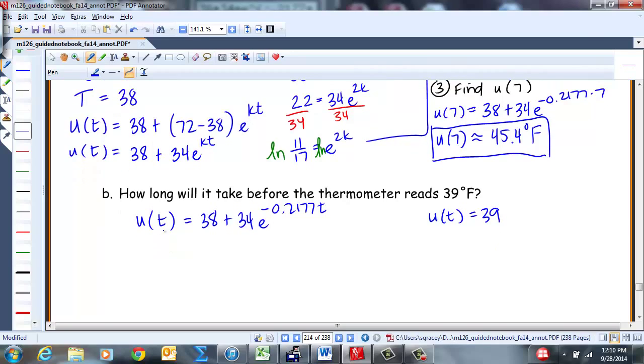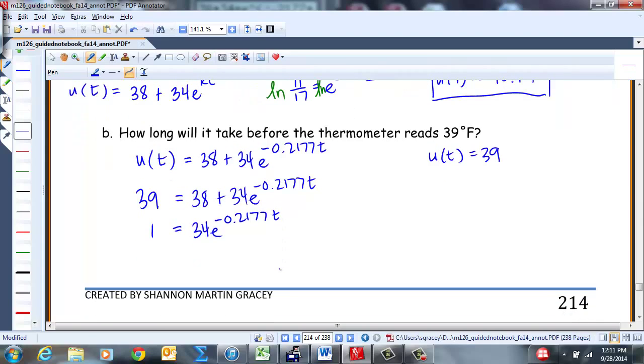We'll replace u at t with 39 and then solve. Taking away 38 from both sides, we get 1 is equal to 34 times e to the negative 0.2177 times t. Dividing both sides by 34, we get 1/34 equals e to the negative 0.2177 times t.